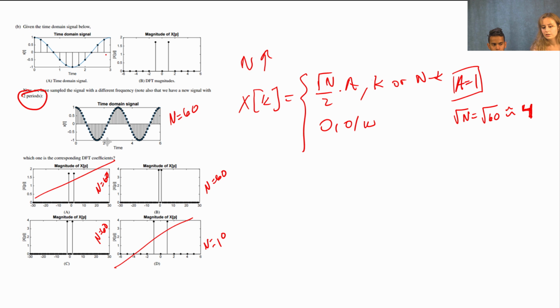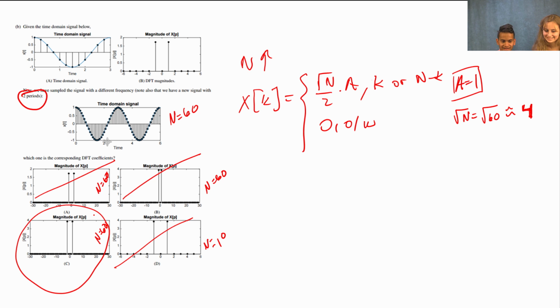Since you observe one period in the signal, your non-zero coefficient is going to be at k equals 1. Since you observe 2 periods of the signal in the second case, k equals 2 should be the non-zero coefficient. So I guess that kills B, and go with C.